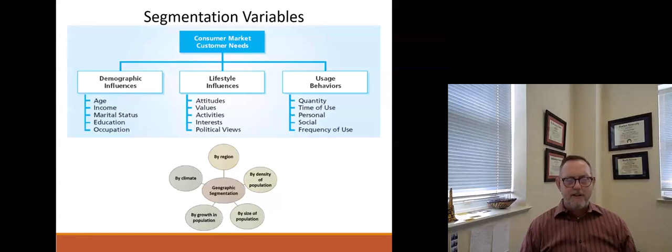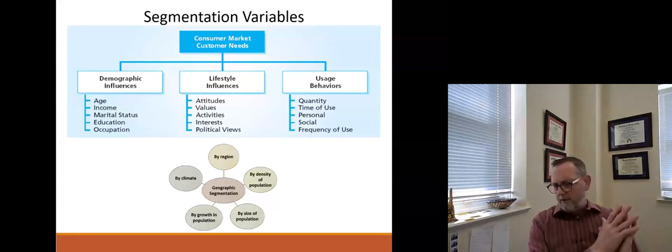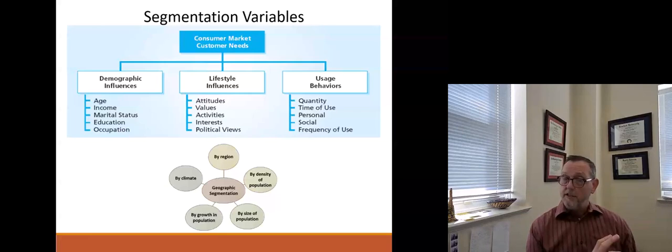So again, demographic variables, there could be a big list here. This is just 5 or so: income, age, marital status, education, occupation. Again, these are things that probably aren't going to drive need and motivation so much, but they reflect consumers who are in a group.